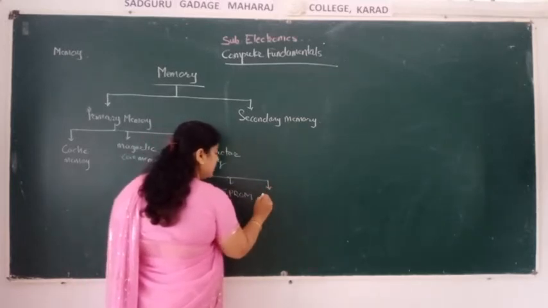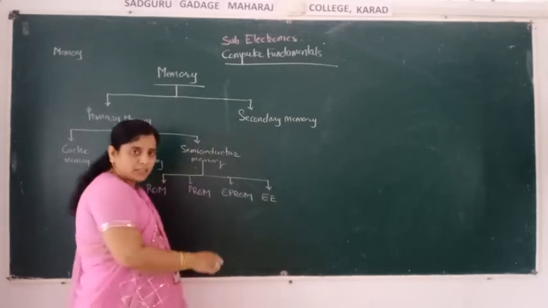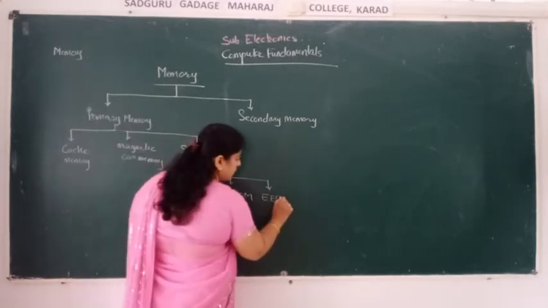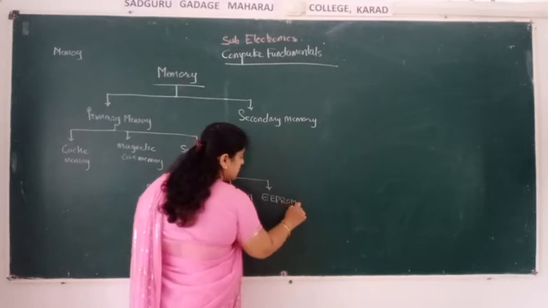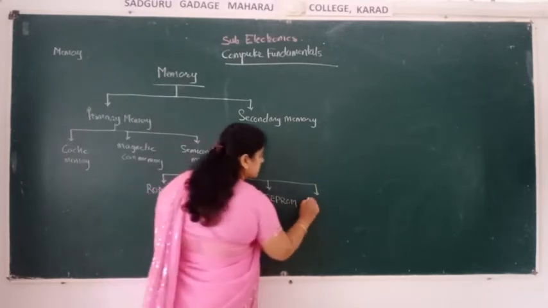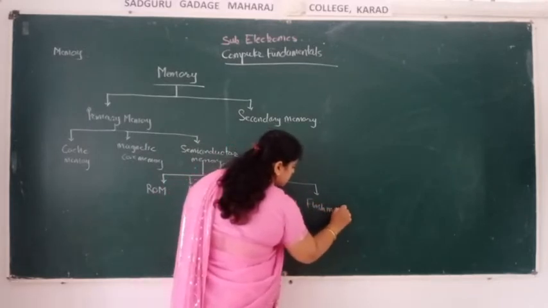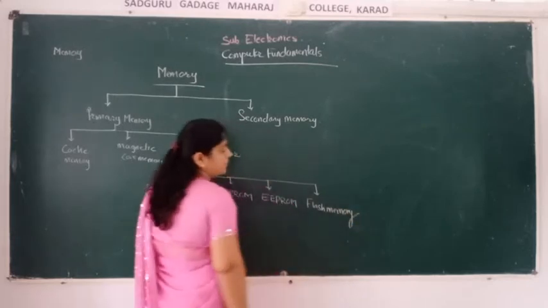It is again divided into EEPROM, also called E-square PROM, the electrically erasable programmable read-only memory. And the last memory is the flash memory.